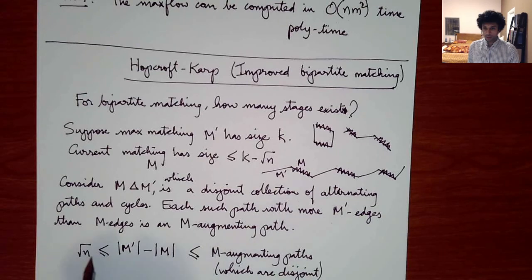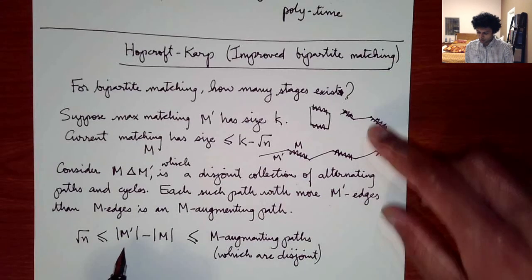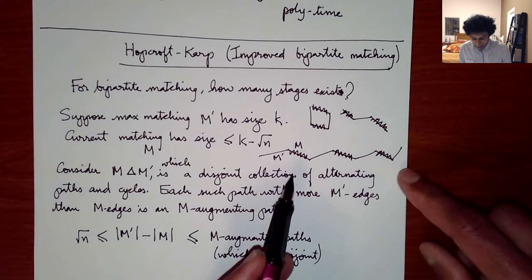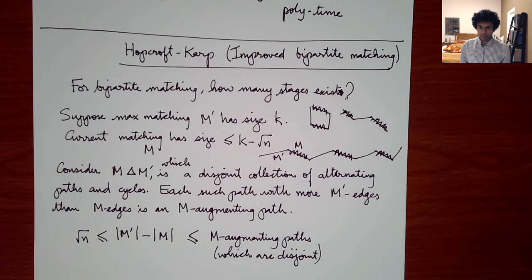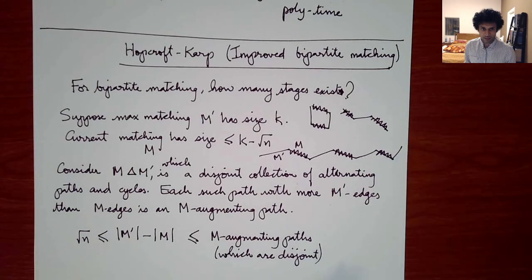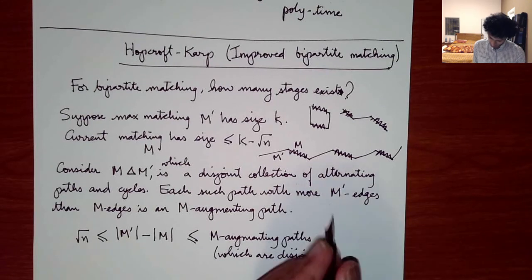We know that M' minus M is at least root n. That's what we assumed. So there have to be many augmenting paths, because it's only in an augmenting path that you have more M' edges than M edges, and you have at most one.